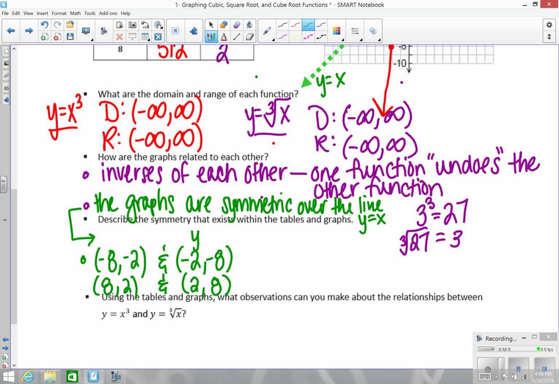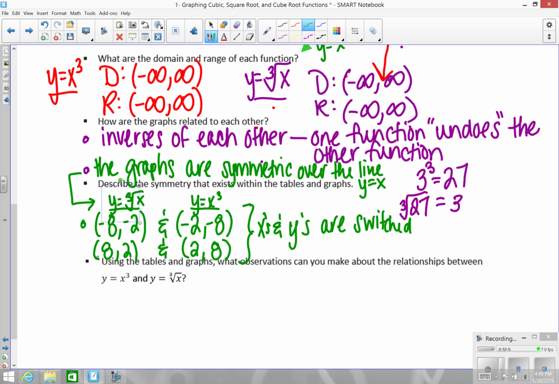So this is in y equals x to the third. This is in y equals the cube root. So the x's and y's are switched. And that's because they undo each other. So again, that's another conclusion you can make down here.